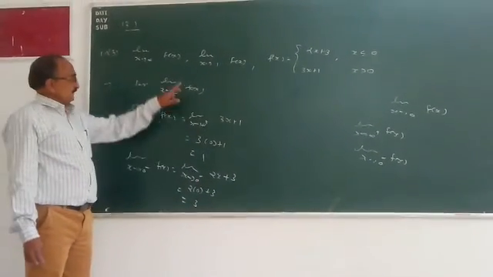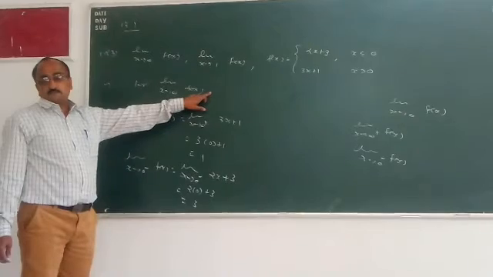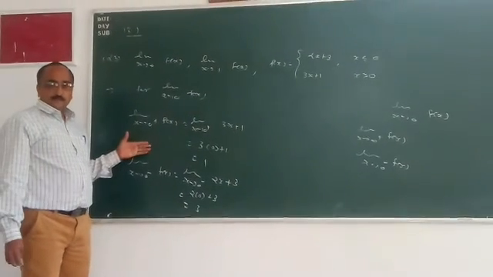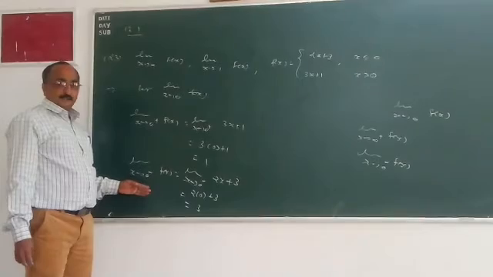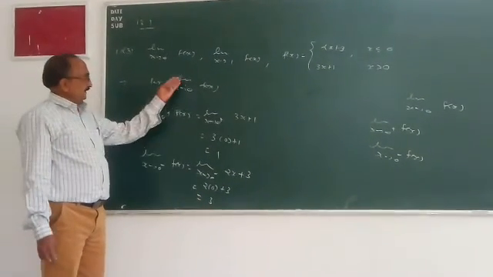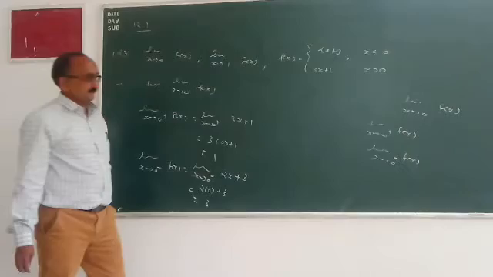So what do you say about the limit as x tends to 0 of f(x)? Exist or not? The right hand limit and left hand limit both have distinct values. So the limit as x tends to 0 of f(x) does not exist.